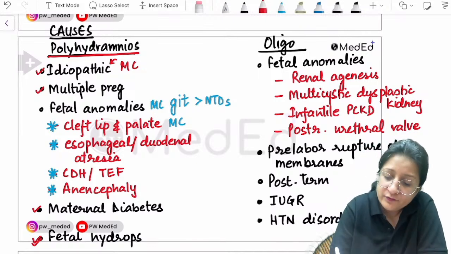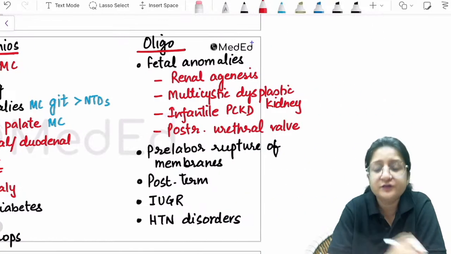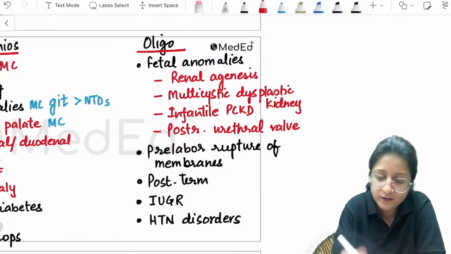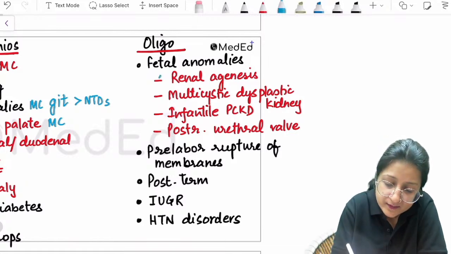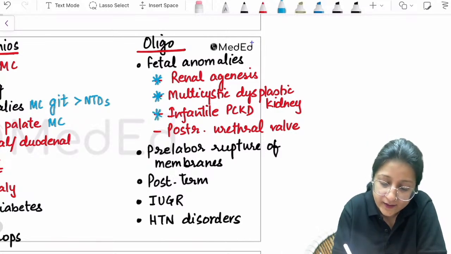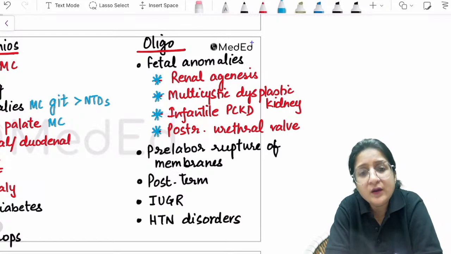Okay, and if you look at the causes of oligohydramnios, there can be fetal anomalies. Which set of fetal anomalies? Look, these are all renal anomalies. Like there can be renal agenesis, multicystic dysplastic kidney, or infantile polycystic kidney disease, or posterior urethral valve, right?